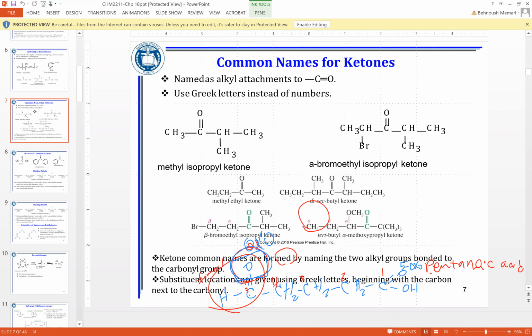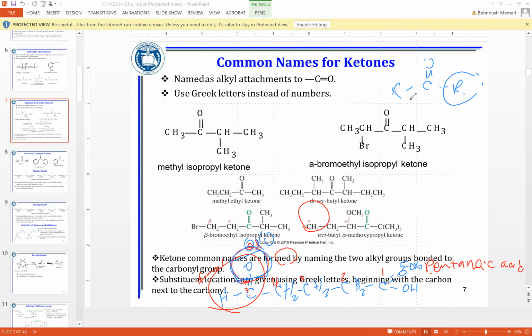Common names for ketones: they are known as alkyl alkyl ketones. So if you have the ketone, the C=O is attached to an R group, which is an alkyl group, and then another alkyl group.